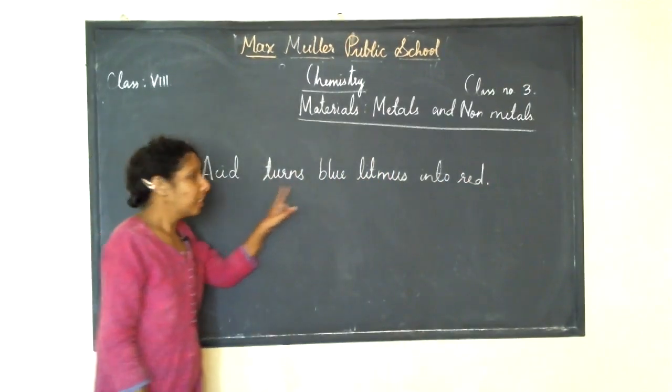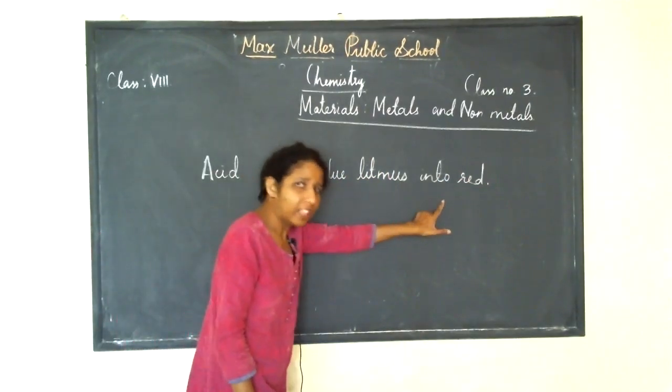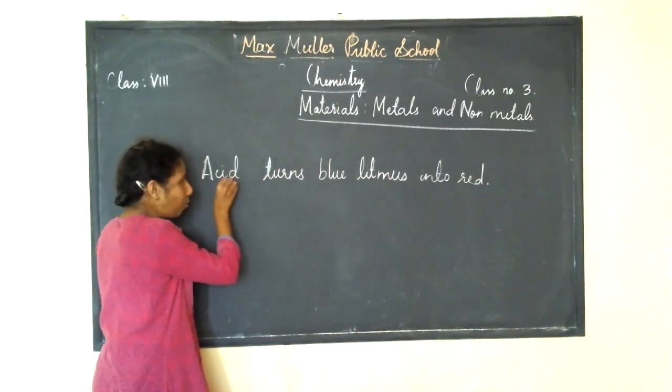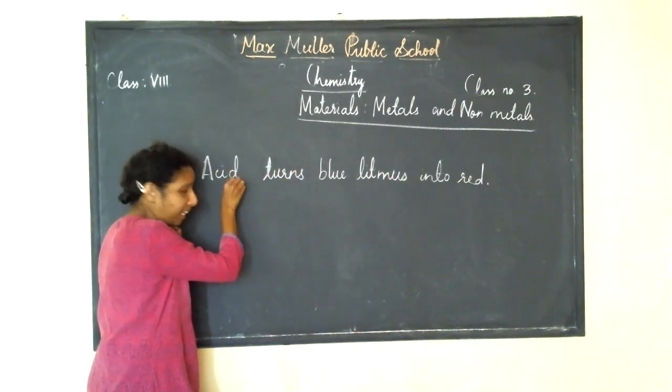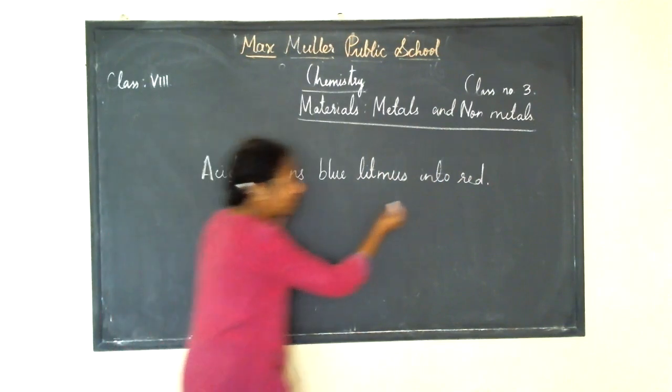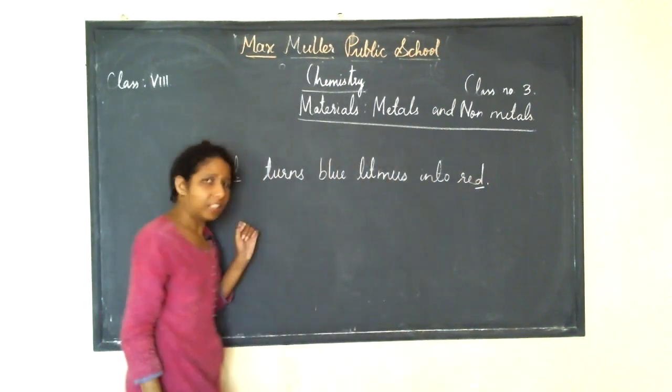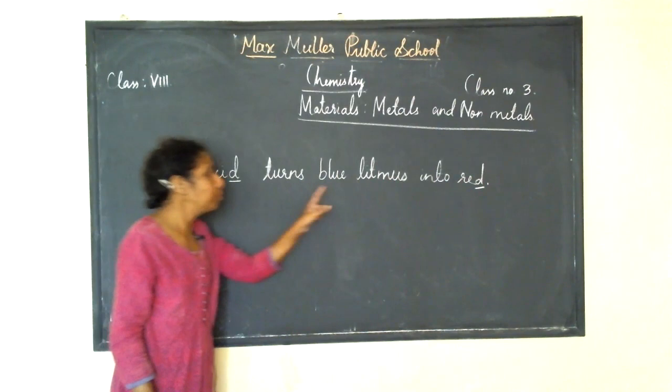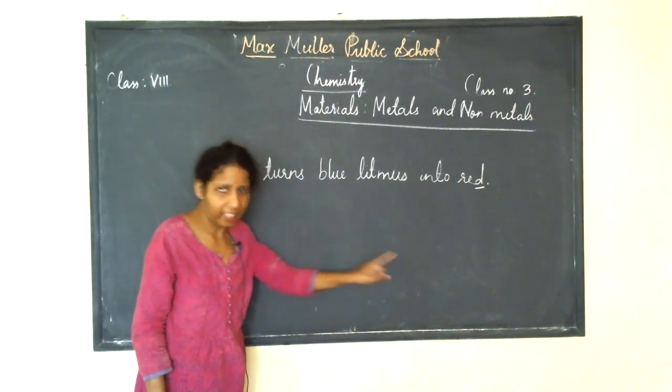Can you see? How do you remember? D acid, D red, D. Right? So acid turns blue litmus into red.